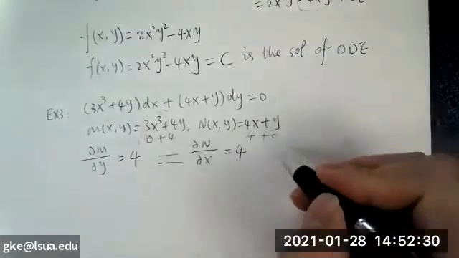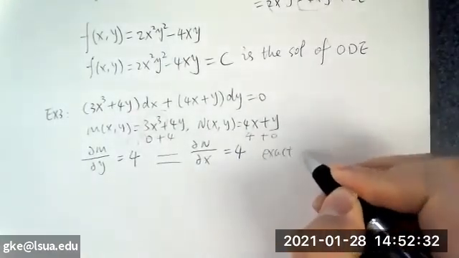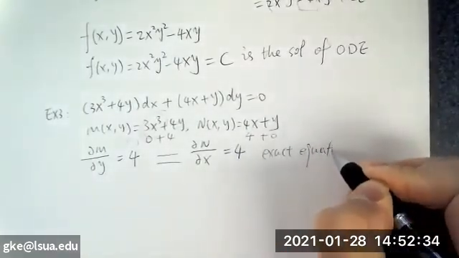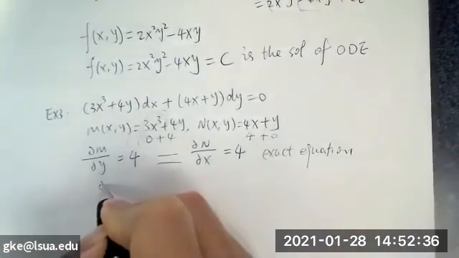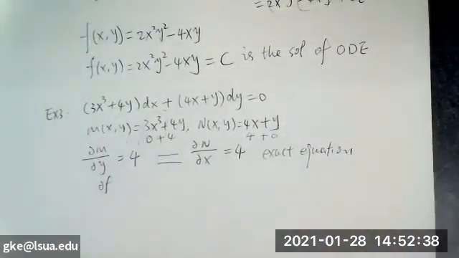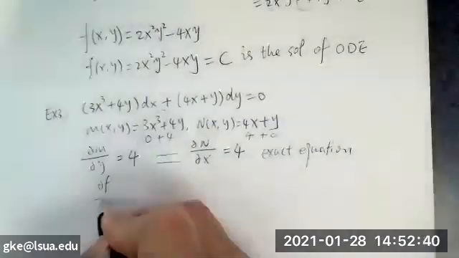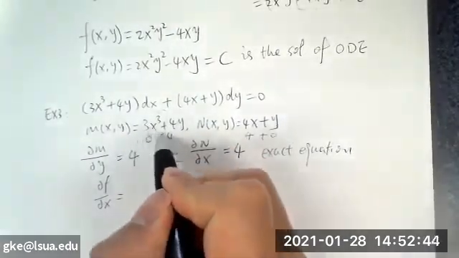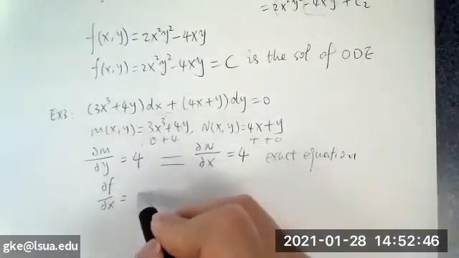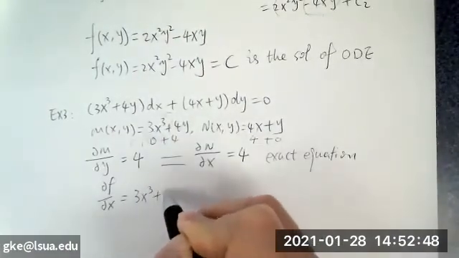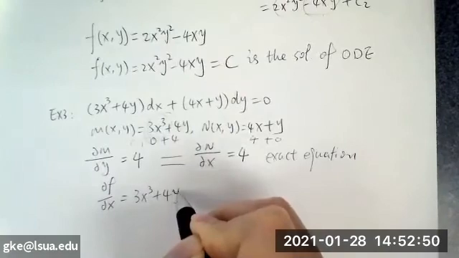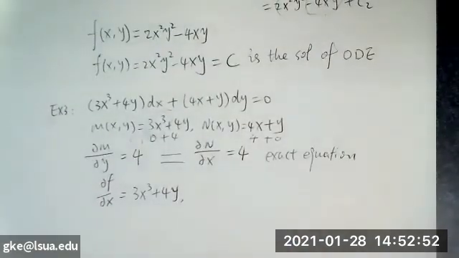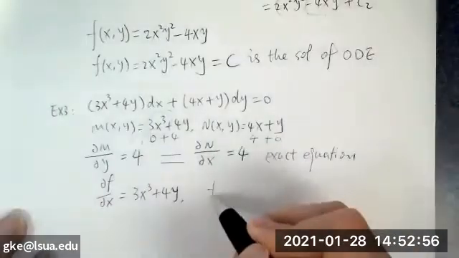Okay, now let's continue. Since we know it's an exact equation, we have partial f over partial x equal to M(x,y). Follow the condition. And how to calculate?